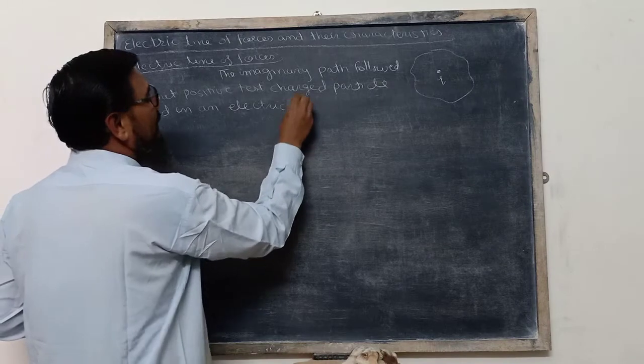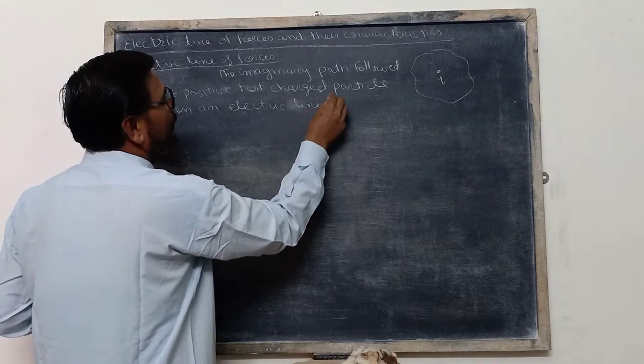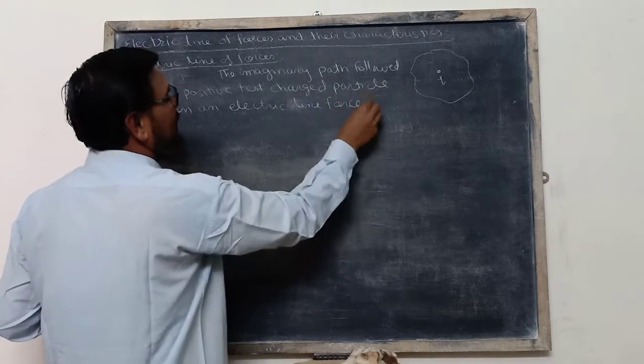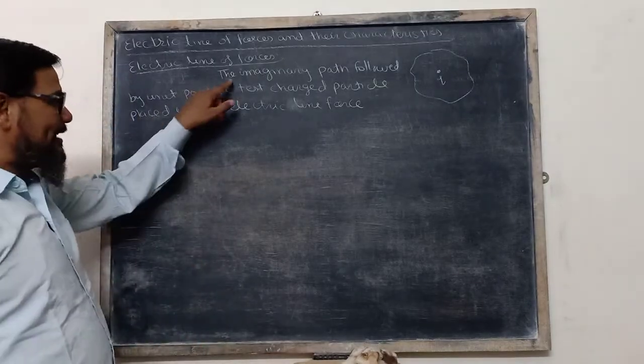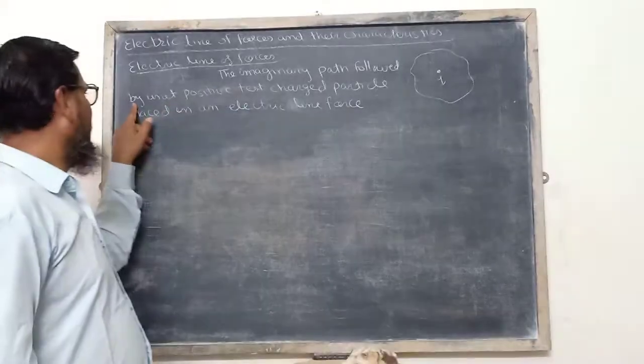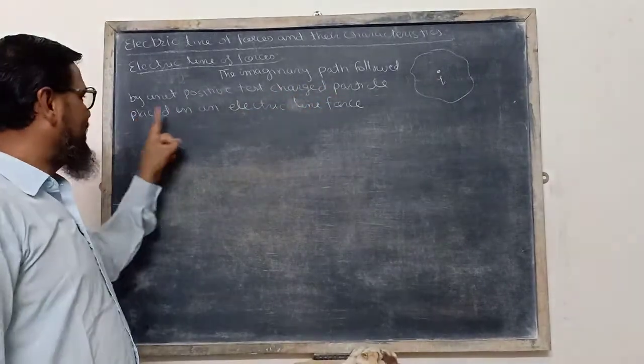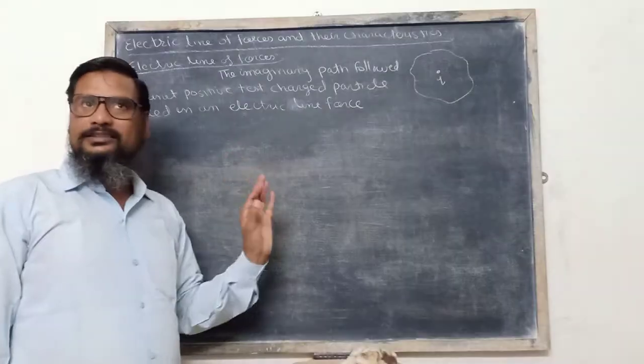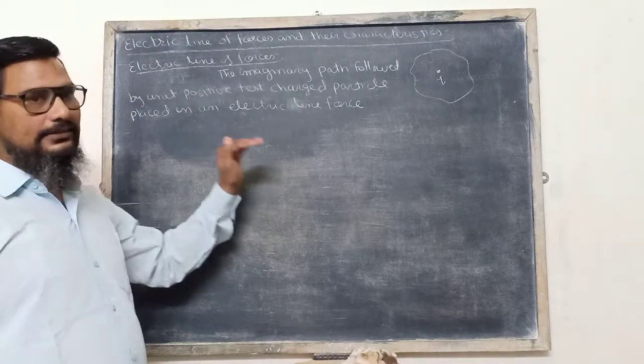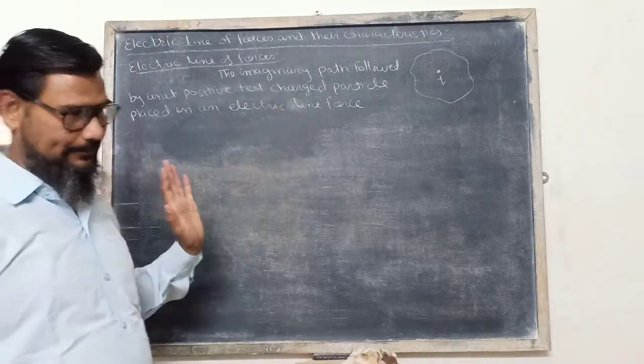Electric line of force, or electric field line: the imaginary path followed by a unit positive test charge particle placed in an electric field. This is called electric line of forces.